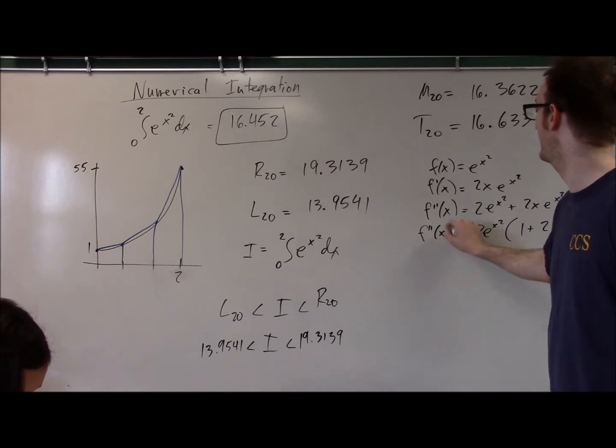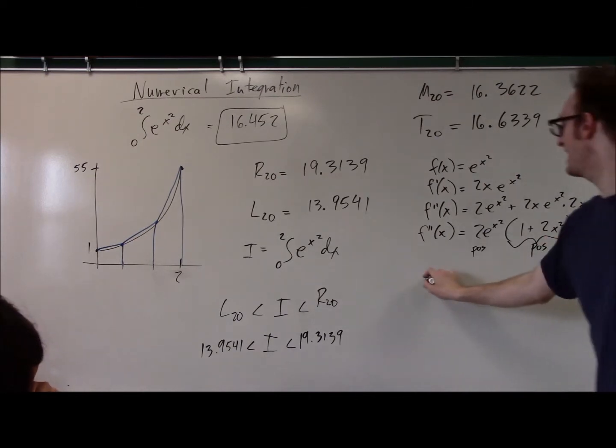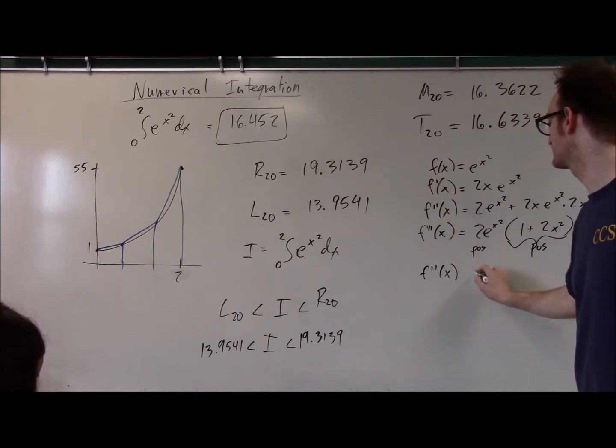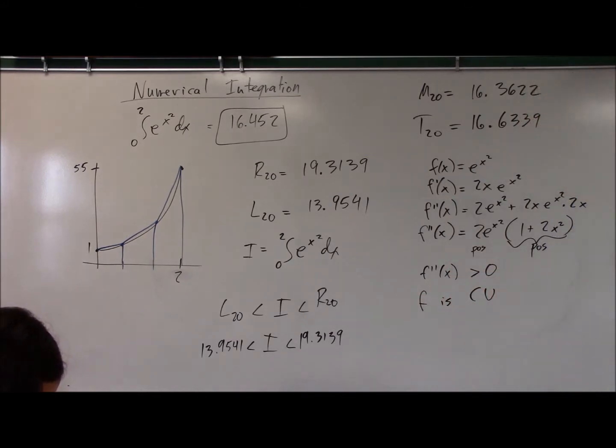That is my second derivative, and of course e to the anything is positive, and this is also positive. So I have that f double prime is positive everywhere, which means that f is concave up. Actually, it's concave up everywhere, not just on this interval, but all I care about is that it's concave up on this interval.